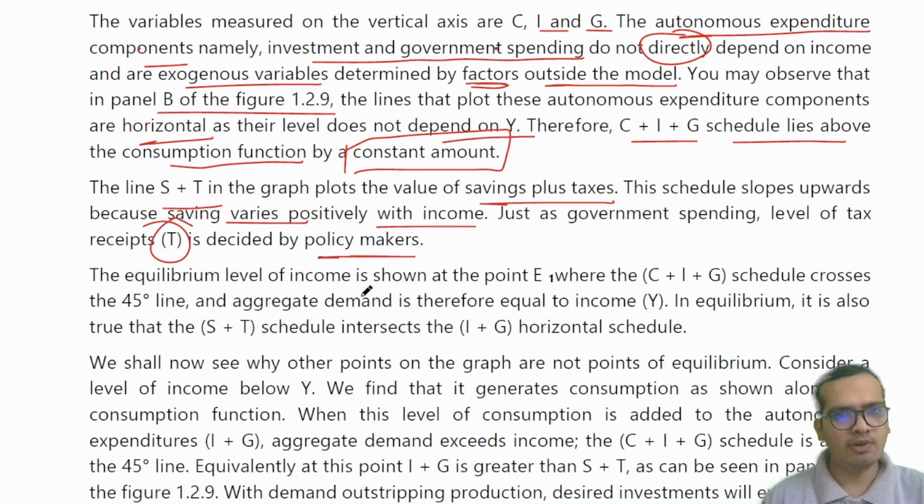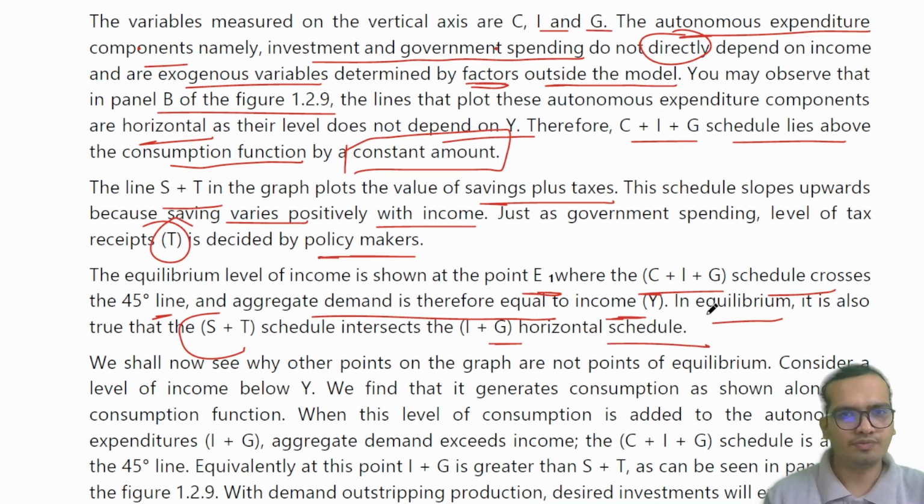The equilibrium level of income is shown at the point E1 where the C plus I plus G schedule crosses the 45-degree line and aggregate demand is therefore equal to income, that is Y. In equilibrium, it is also true that the S plus T schedule intersects the I plus G horizontal schedule.